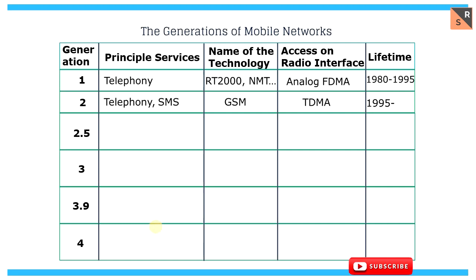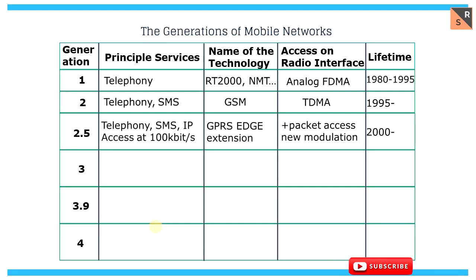With the deployment of the internet in the 90s, there was a need to have mobile access to the internet. This was managed by adding procedures and equipment to the GSM network. This is called GPRS, General Packet Radio Service, with an evolution called EDGE, Enhanced Data Rate for GSM Evolution.